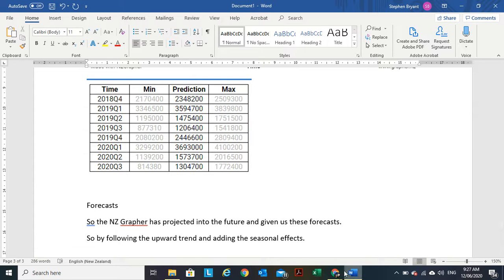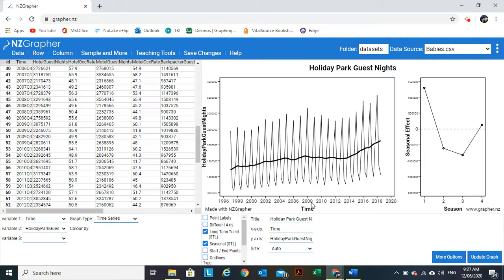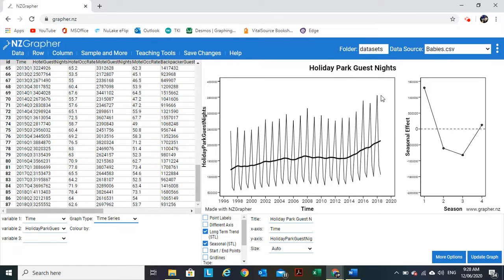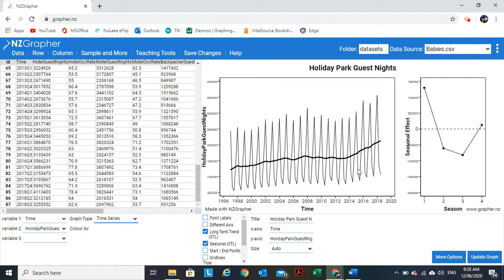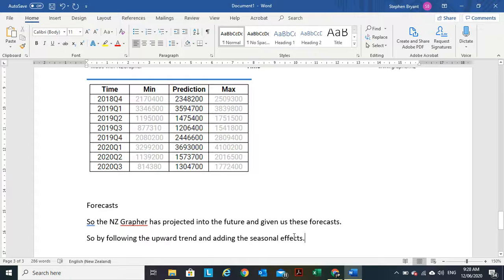So if we go back to NZ Grapher for a moment and I look at my seasonal effects, it tells me summer is approximately, here's our average line in the middle, summer is 1.29 million above average, whereas winter is 821,000 below average. Okay, so those are our seasonal effects. We add up all these numbers, calculate how far away they are from the trend line, and we come up with an average. Okay, so let's carry on writing about that.